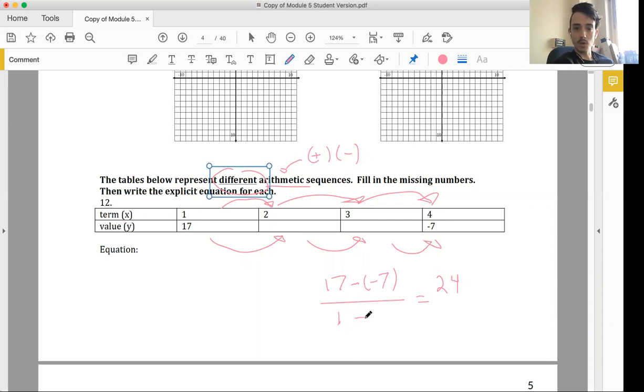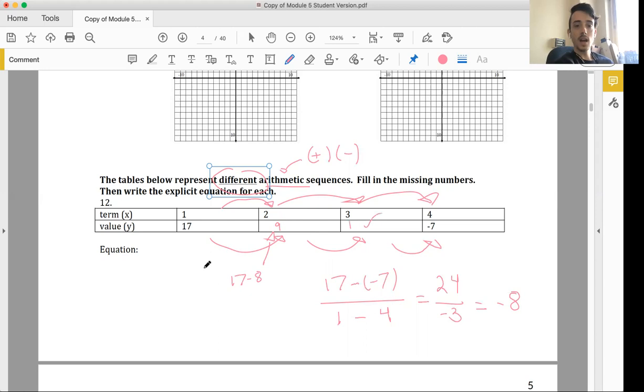And this was over the span of 3 hops, so we do this over 3 times. This is saying that for every move, we're deducting 8. So let's try this. 17 minus 8 is going to get us 9. 9 minus 8 is going to give us 1. 1 minus 8 gets us -7.